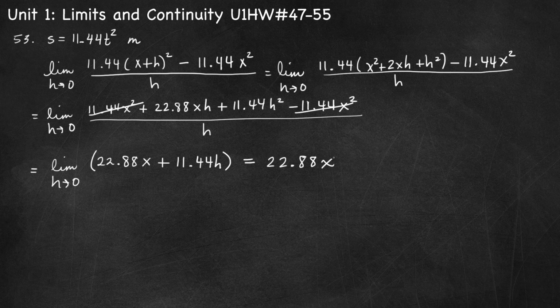Now I want to know the slope at the moment in time when t equals 2 seconds. So then I'm going to substitute 2 in for x. So at t equals 2, the slope of this function, which we can also call the rate of change of the function, or in the context of this problem, we can call the velocity.